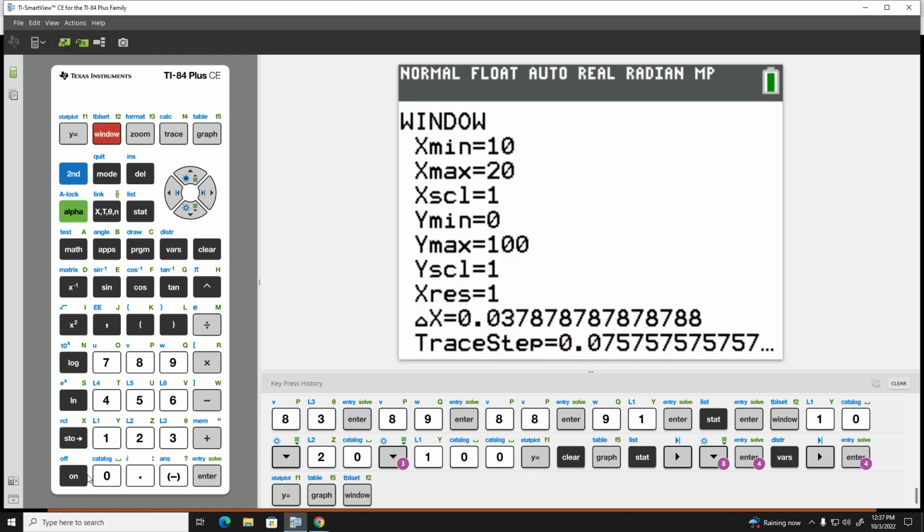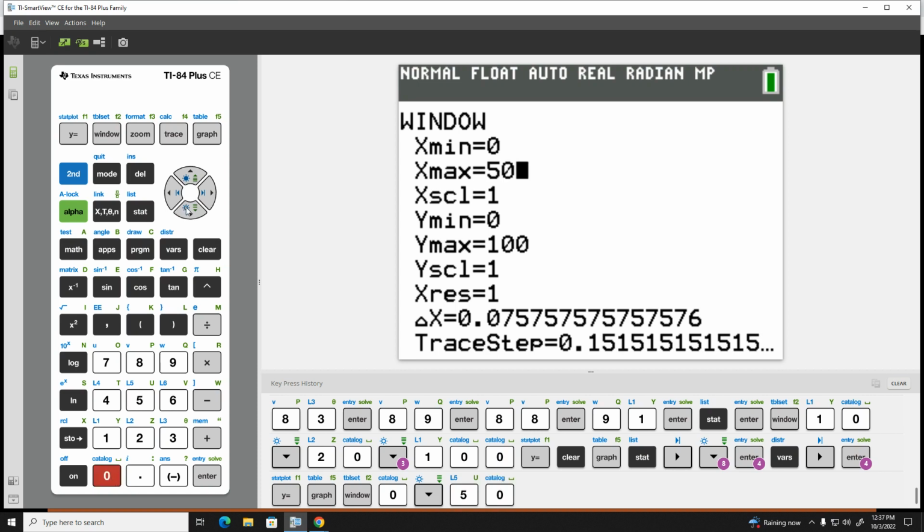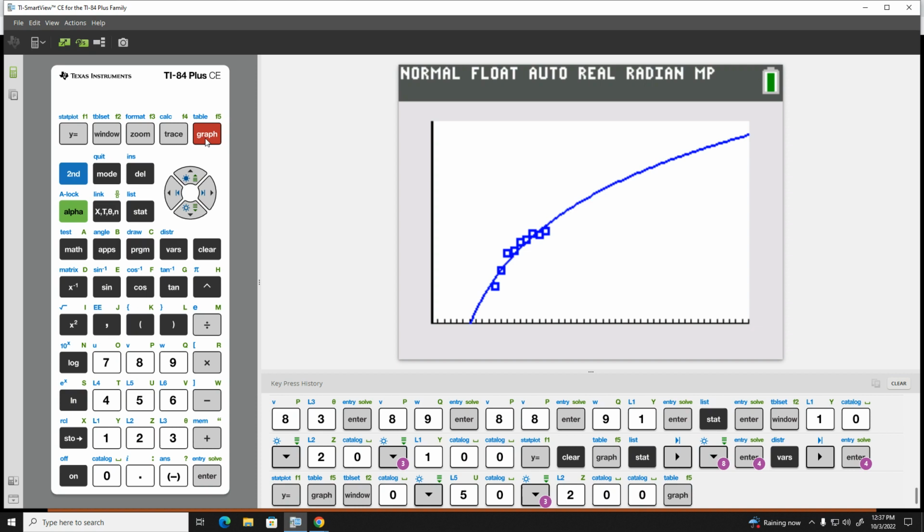If I start my x back at 0, that might be helpful, and I'm going to go out to, let's say, 50. And take my percentage up to 200%, even though it doesn't make sense. That would be like everybody owns 2 cell phones. But when I zoom out that far, I see the clear concave down shape of my curve.